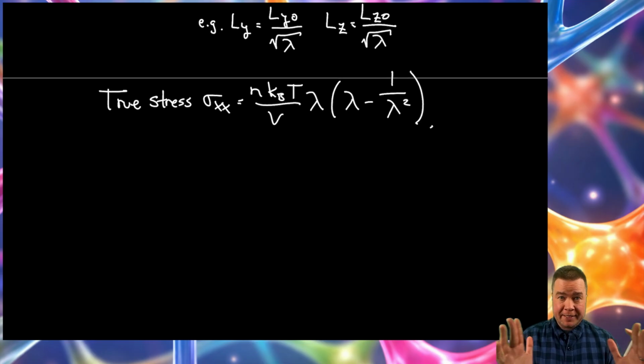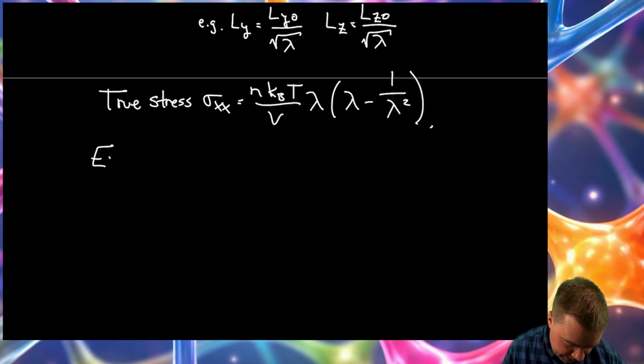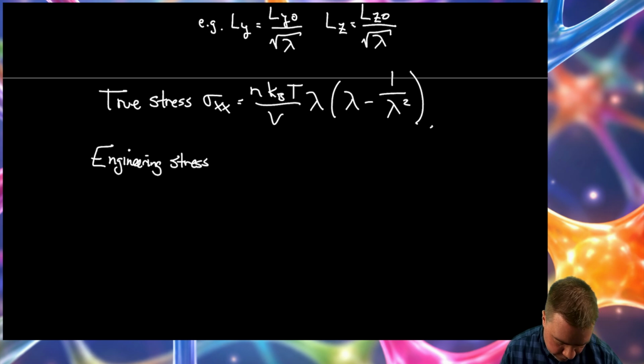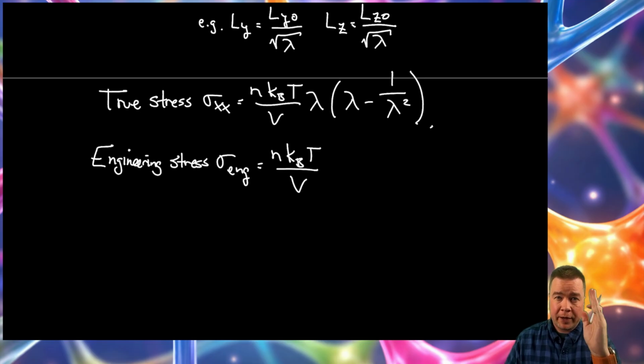We don't always know exactly what those dimensions are in the y and the z direction, as it's changing shape during the deformation. And so sometimes we also define the engineering stress. So the engineering stress, say eng, is going to be n kBT divided by volume divided by Lx0, Ly0, Lz0, which means that the factor of lambda that came up to the numerator is going to disappear.